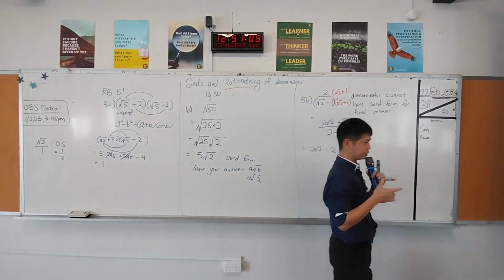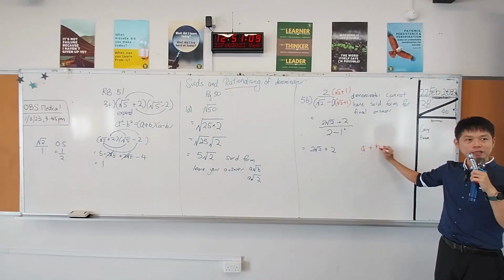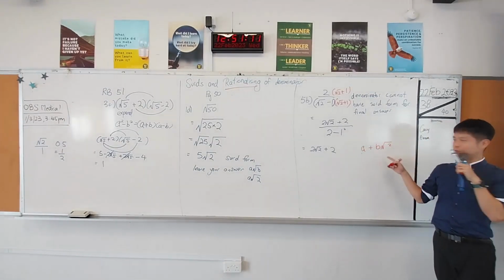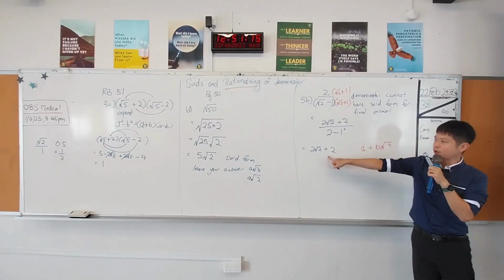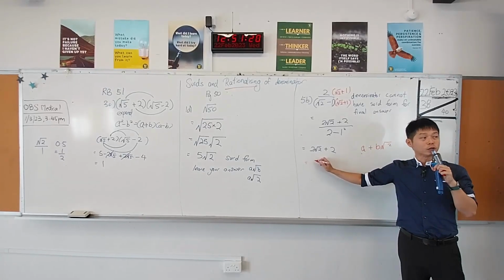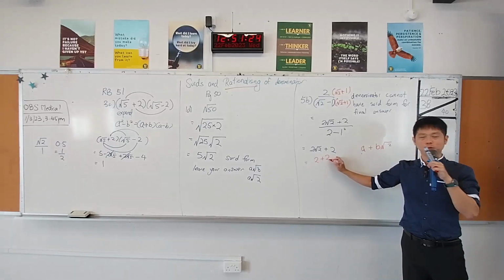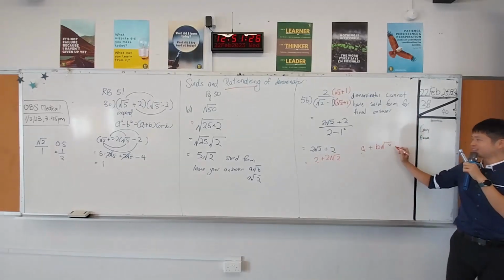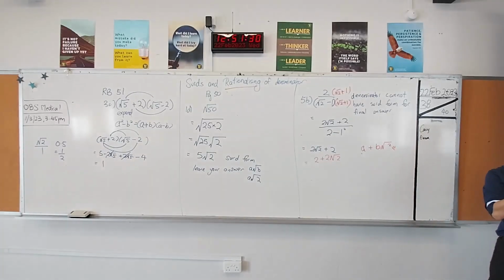Why? Because the question actually sometimes will ask you to leave it in the form a plus b square root 2. They will ask you to write in this form, a plus b square root 2. So is this a plus b square root 2? Almost lah, almost. So if you are very, very particular, you should write it as 2 plus 2 square root 2. So you may be saying, wow, so nice, they put the square root 2 for me. Yeah, we are very nice. This is the actual form that we will ask you to put in.